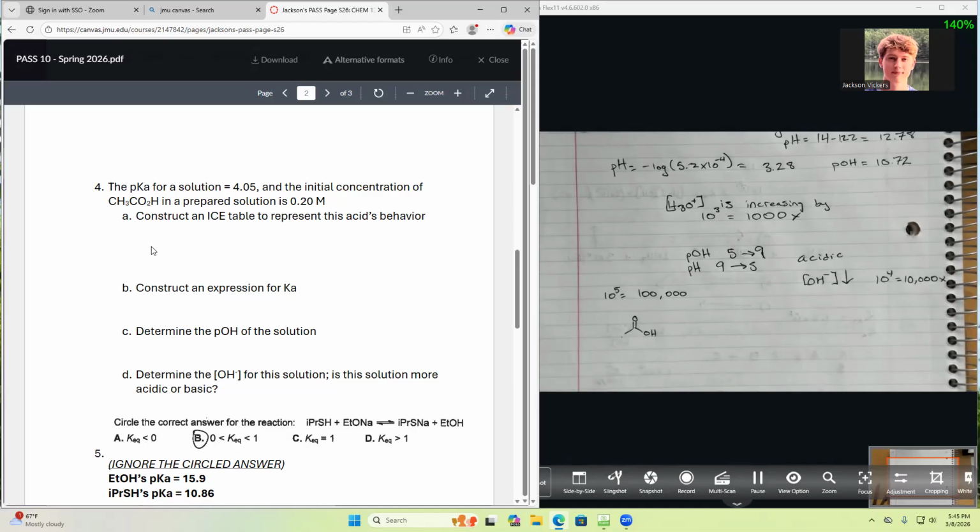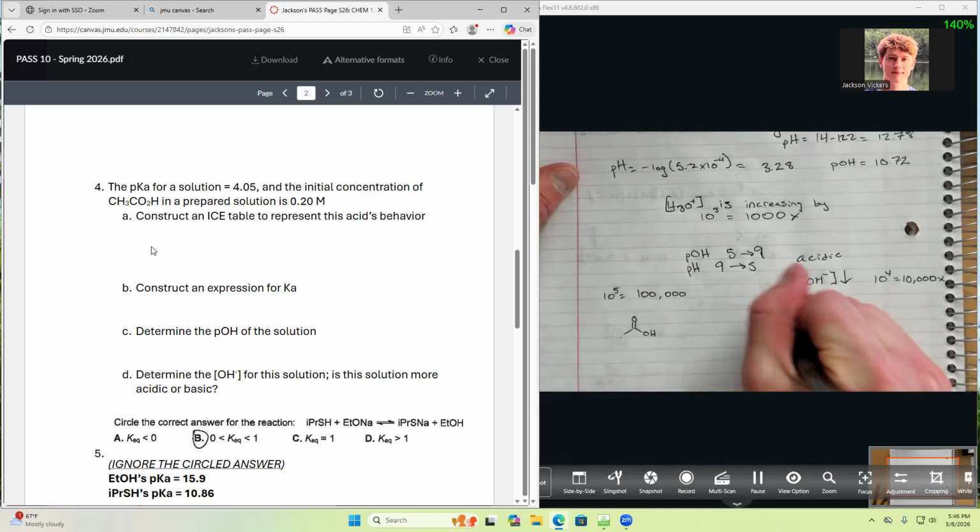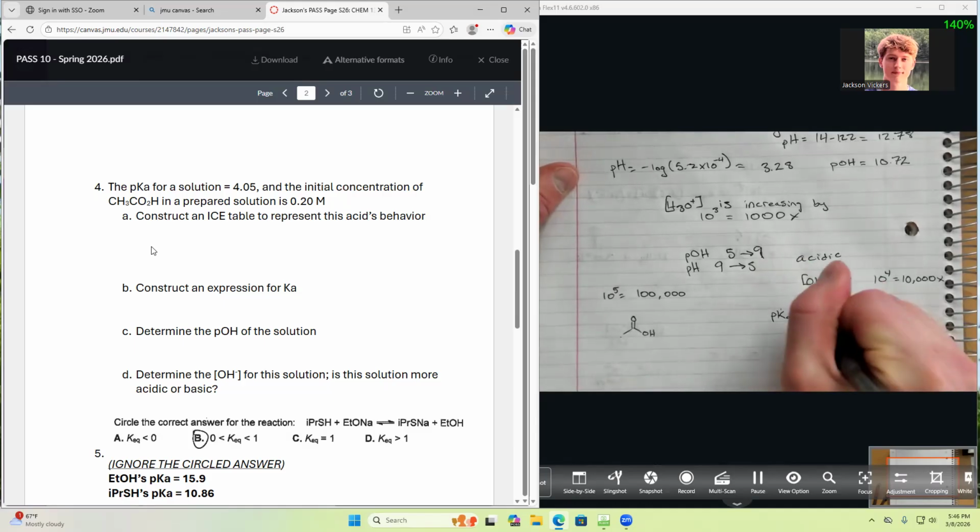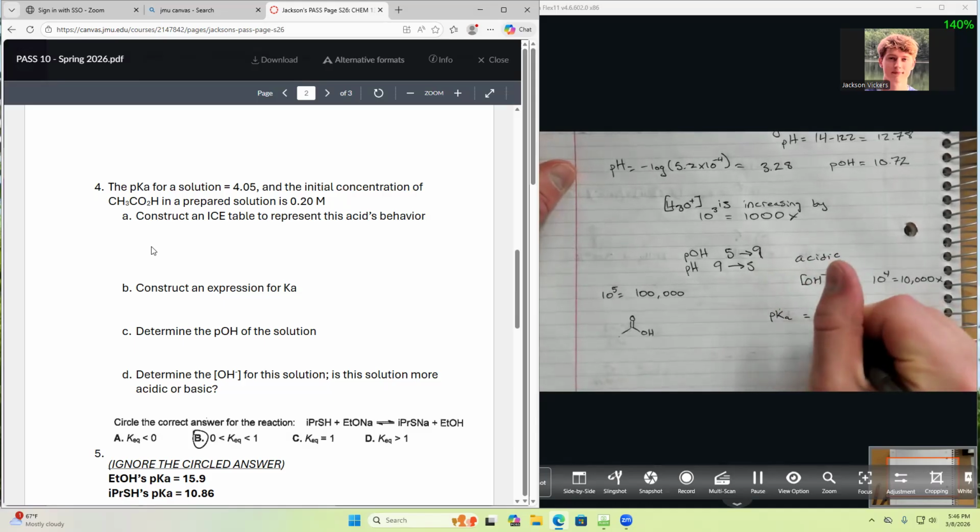pKa's are representing the K dissociation constant for an acid. But it's a pKa, so it's not the same as a Ka. The way to go from a Ka to a pKa is this. pKa is equal to negative log of the Ka.